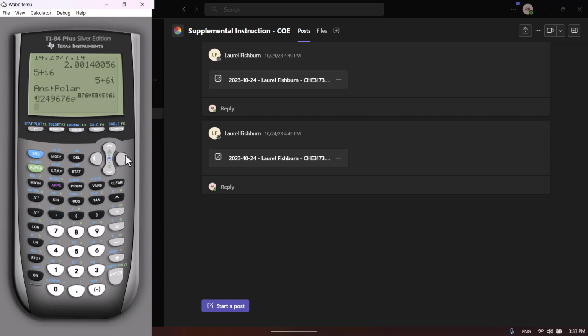And that angle, is it always going to be in radians? I think it might always be in radians. I'm currently in radians. Let's see what happens if I change it to degrees. No, it gave it to me in degrees. So if you're in degrees, it'll give it to you in degrees. There is something that it does where it only will do it in radians, and I can't remember what it is.